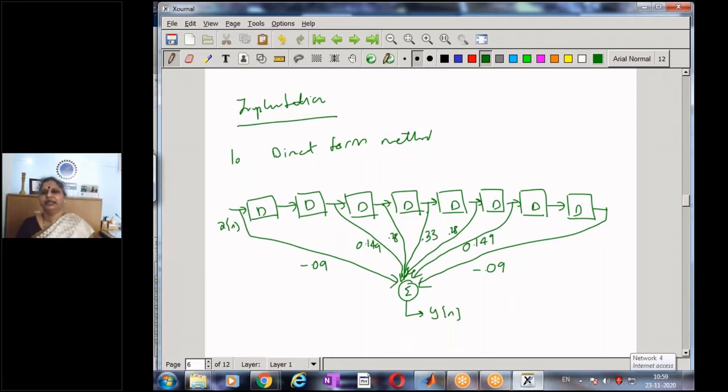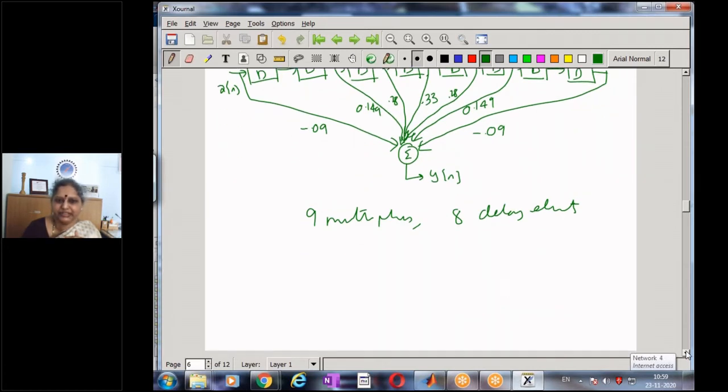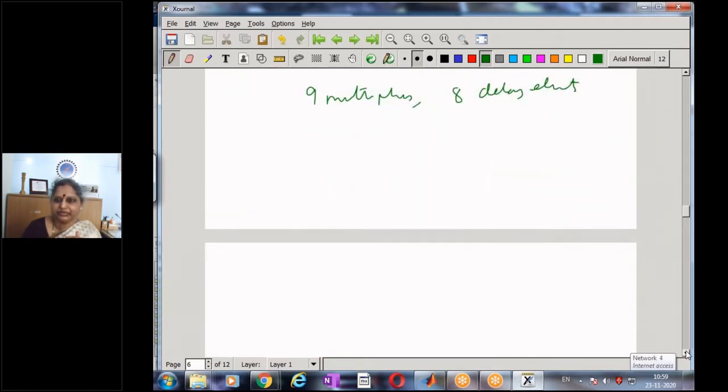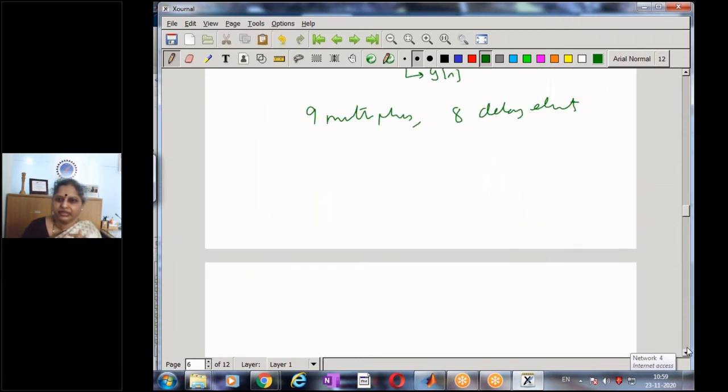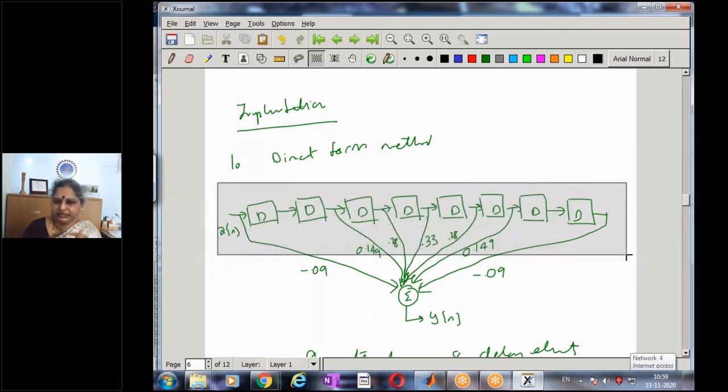So this is my direct form realization, wherein I require 9 multipliers and 8 delay elements. The next method of design, the second method of designing the same system, is known as the linear phase design.